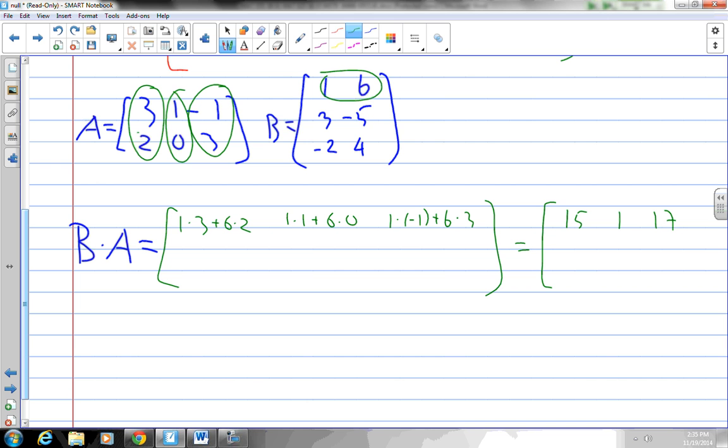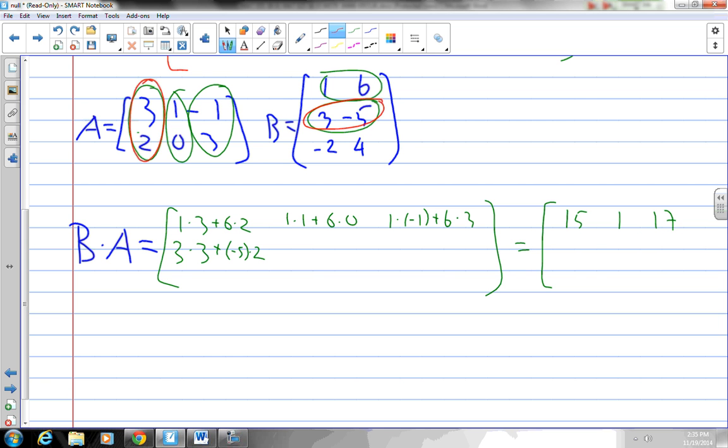Then we'll do the same thing with the second row times the first column, second column, third column. So we'll get 3 times 3 plus negative 5 times 2, right? I'm multiplying this guy with that guy.